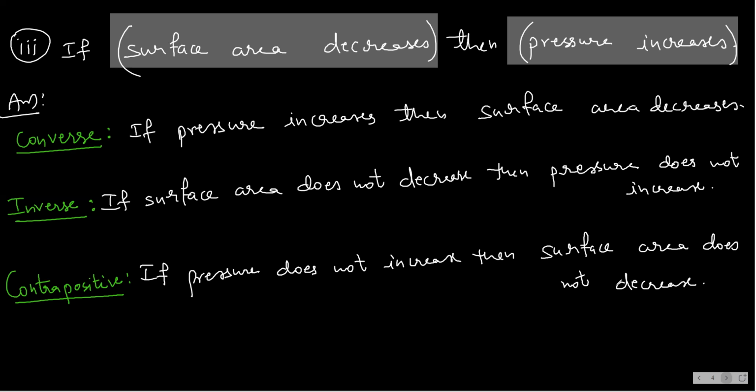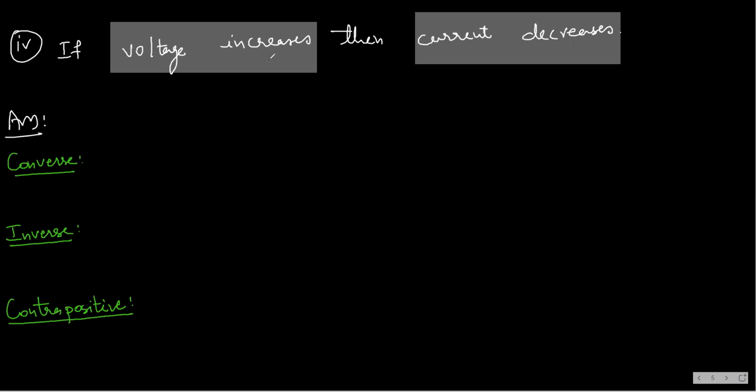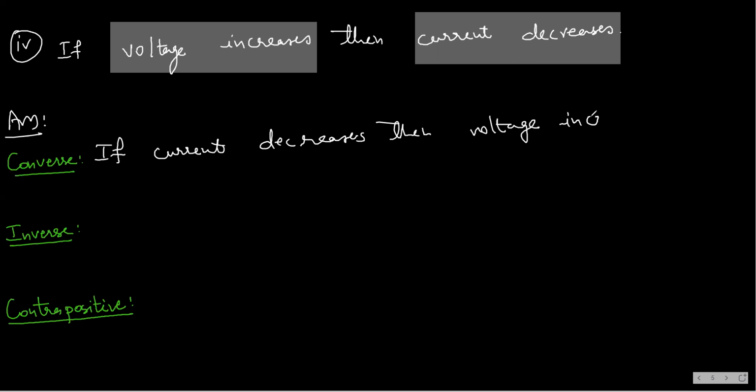The last question here is, if voltage increases, then current decreases. So what will be the converse? The converse will be, if current decreases, then voltage increases.